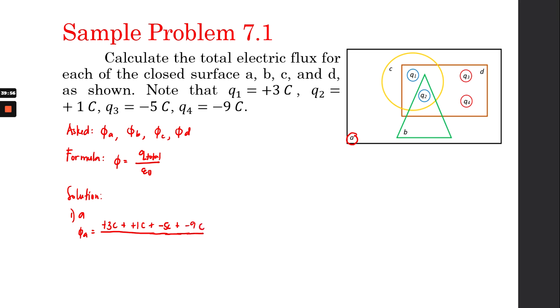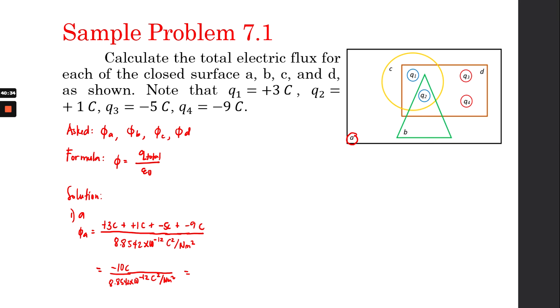And then the permittivity of free space is equal to 8.8542 times 10 raised to negative 12 coulomb squared per newton meter squared. So 3 plus 1 is equal to 4, minus 5 is equal to negative 1, minus 9 is equal to negative 10. So that's just basically negative 10 coulombs divided by 8.8542 times 10 raised to negative 12 coulomb squared per newton meter squared.